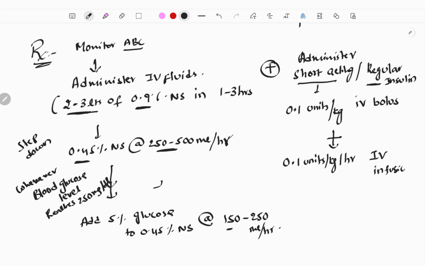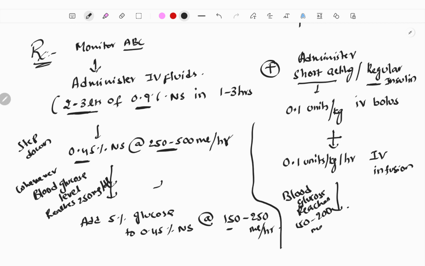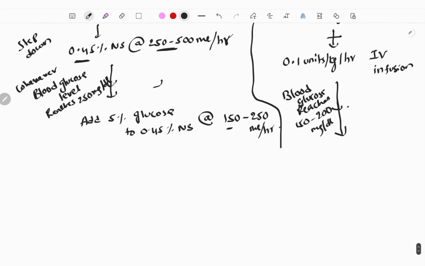Whenever the blood glucose reaches 150 to 200 mg per deciliter, then we need to reduce the insulin to half, like 0.05 to 0.1 units per kg per hour IV infusion.